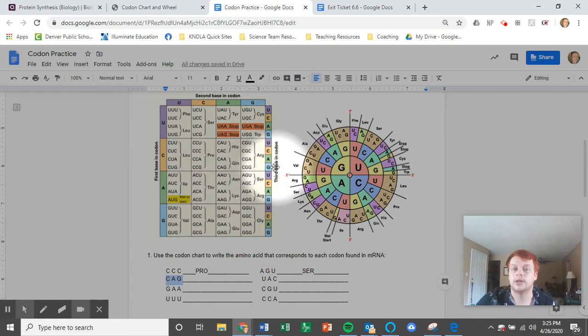And then we know our final letter is G, so it will produce GLN. Now we can do the same thing over here. So we have a C, then we go to A, then we go to G, and we see that it produces GLN. So both of these can be used to identify each of the different codons that are produced in number 1.